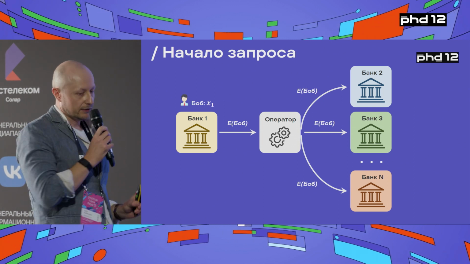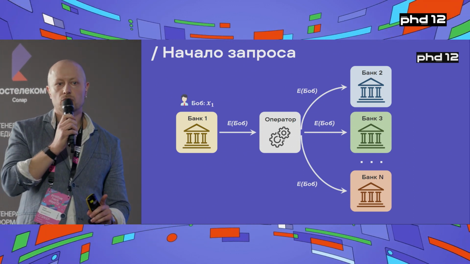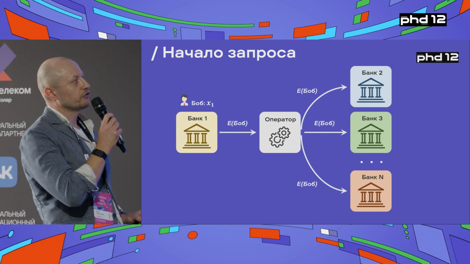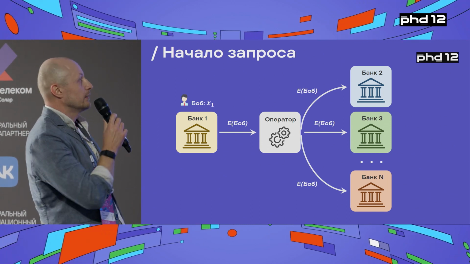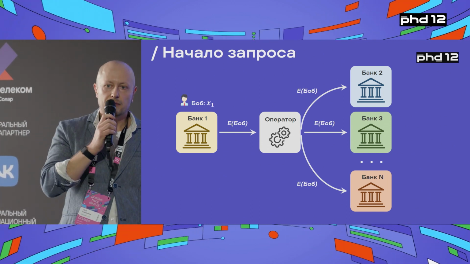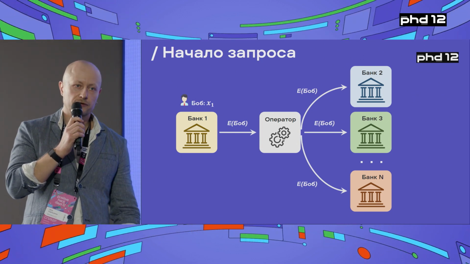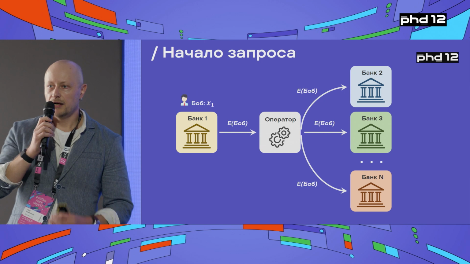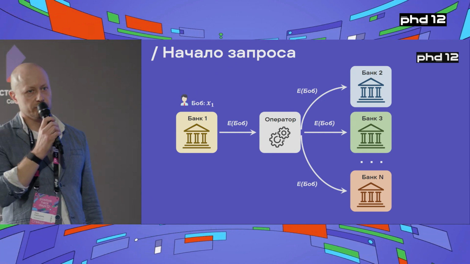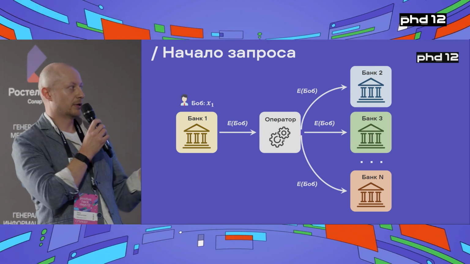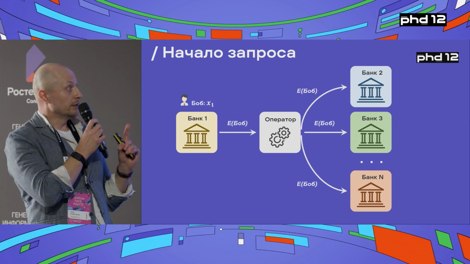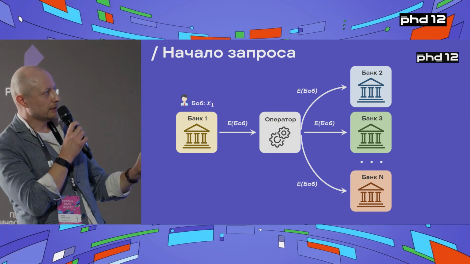And property number 4 says that the operator should not know anything about the physical clients that the request is addressed to. So all the client information is encrypted, only the banks have the keys, and the operator just sends the encrypted message to the banks and back.